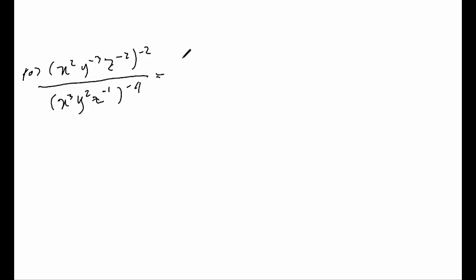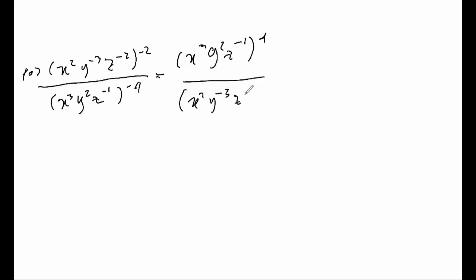So what I can do now is say x cubed y squared z to the -1, and then bring that to the fourth power. Notice how I brought that upstairs. And then on the bottom, I can go x squared y to the -3, z to the -2, and this is to the +2.